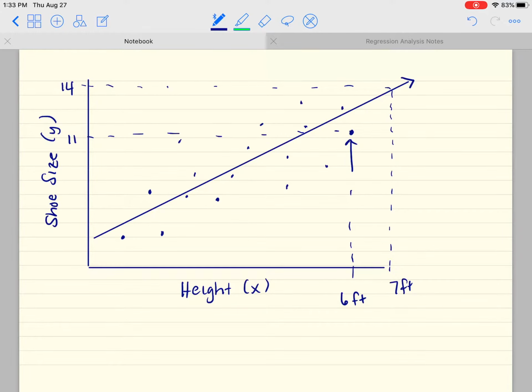So what regression analysis does is it takes a set of data and tries to calculate a mathematical model to represent that data. Now I showed you one where it's sort of linear, but it doesn't necessarily have to be, and we'll talk more about that in just a second.